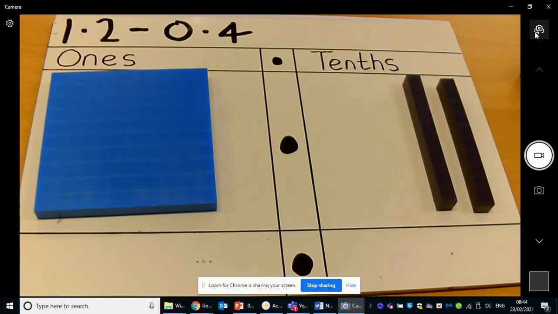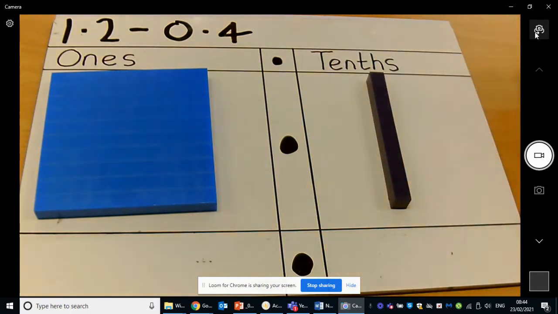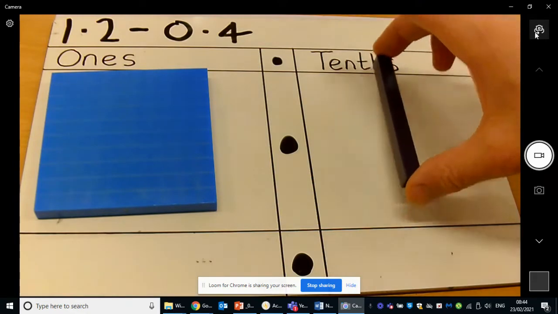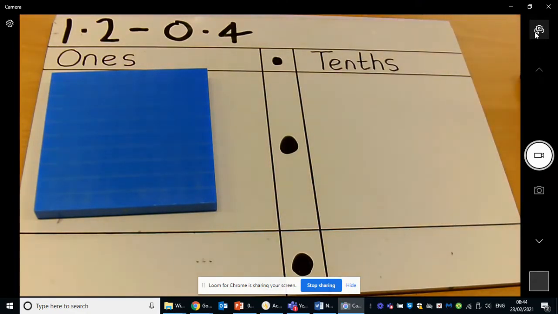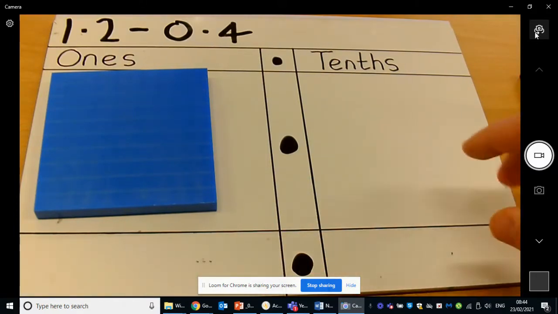Well, I can remove the first 2 tenths. So 0.1 has been subtracted, 0.2 has been subtracted. But that isn't enough. I can't then just write the number 1.0. I've still got 0.2 left to subtract.